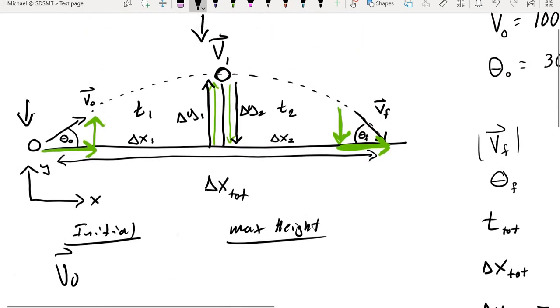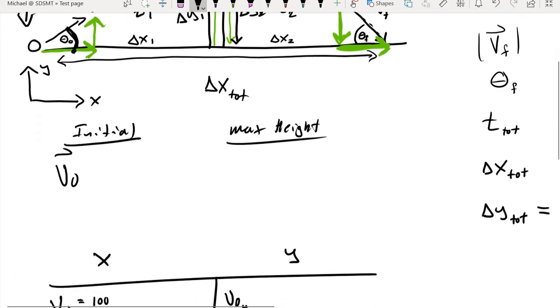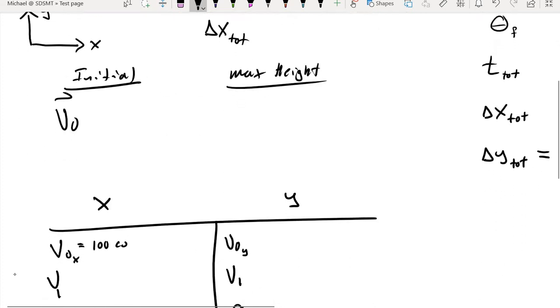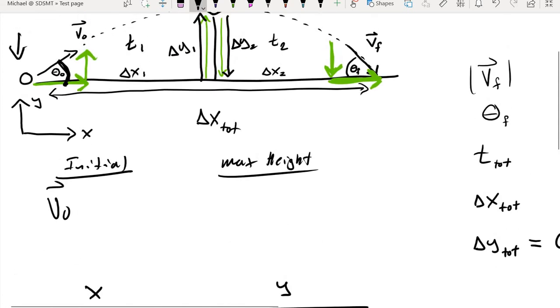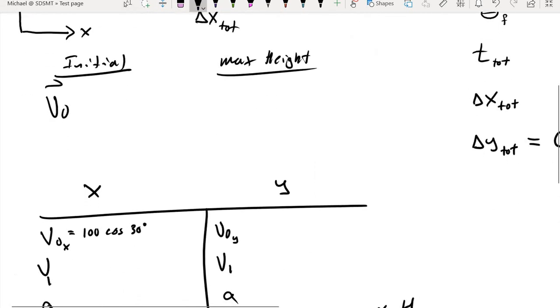The x component is the side adjacent to the angle, so that is cosine 30. The y component is the side opposite of the angle, so that is sine of 30.